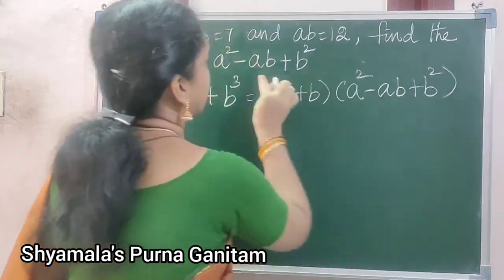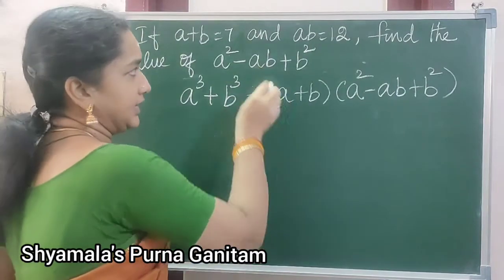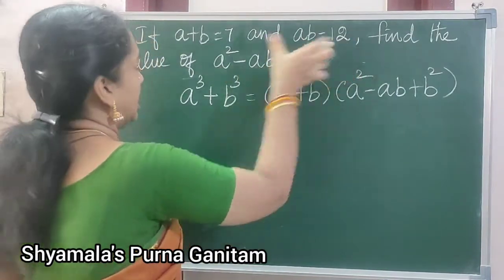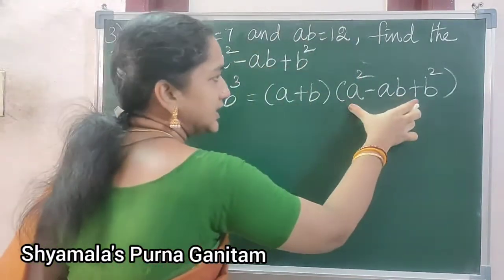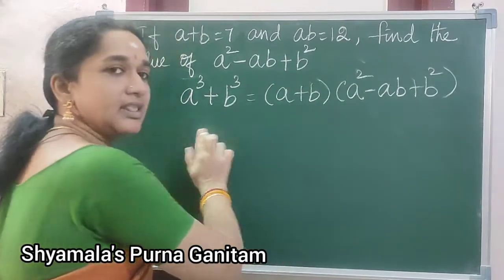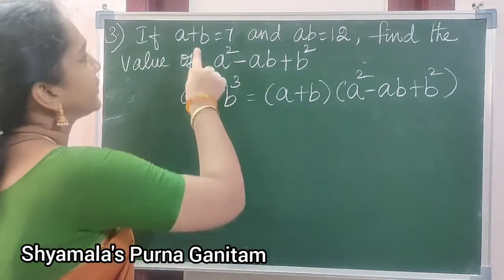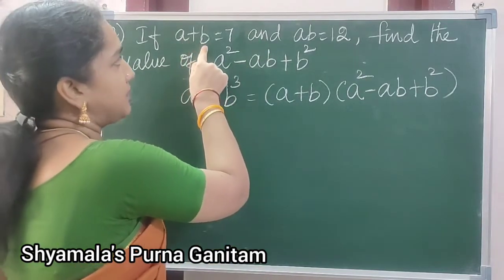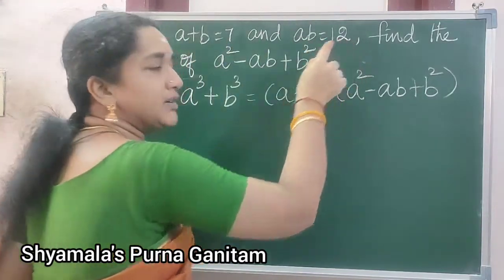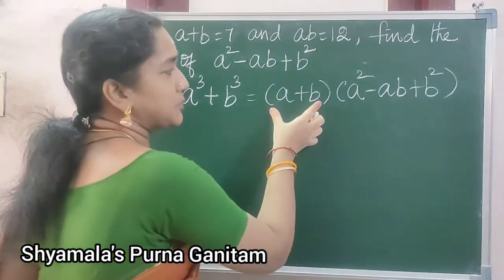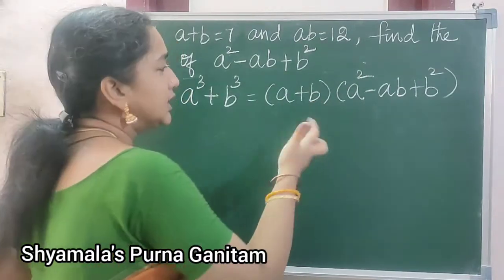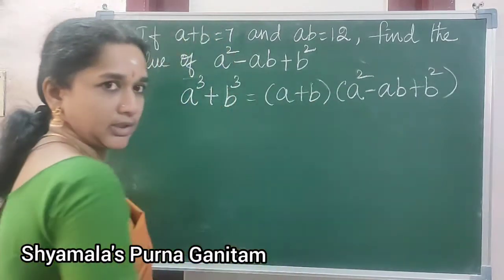You are asked to find the value of this, and you get it from the a cube plus b cube identity. But in the question only the a plus b value and the ab value are given. So you can substitute the a plus b value here, but we won't get the value for this.